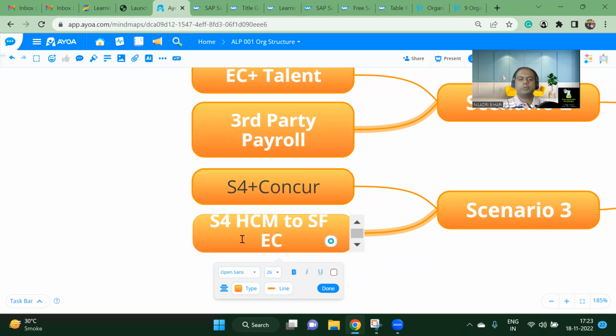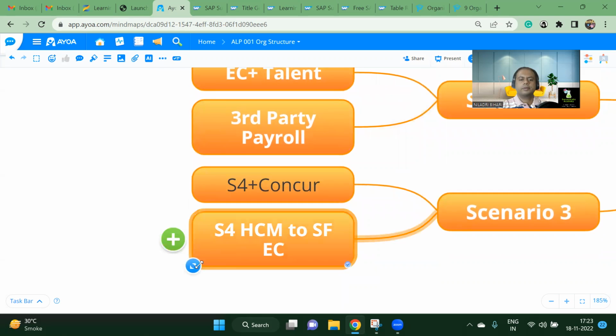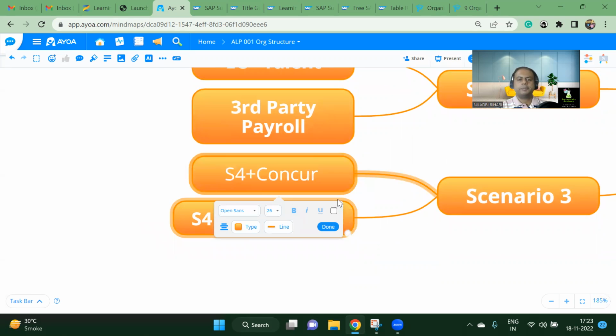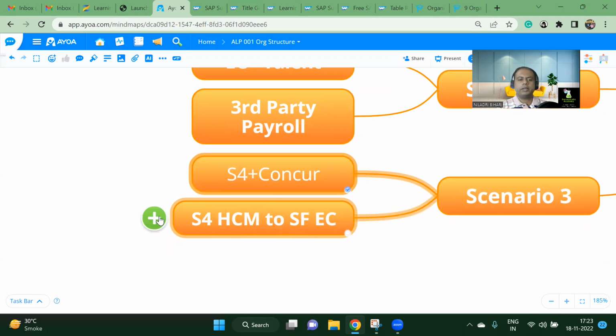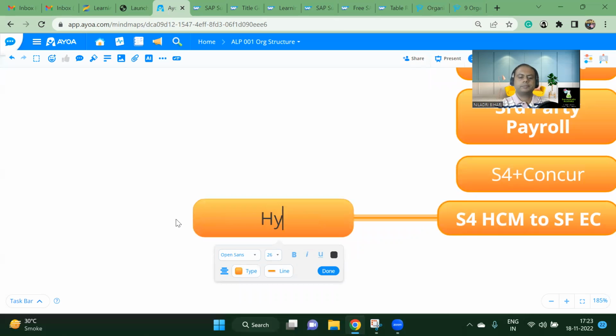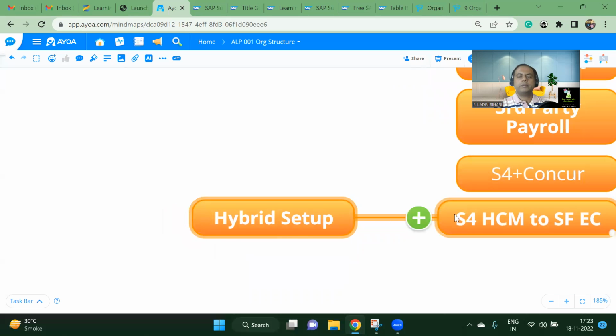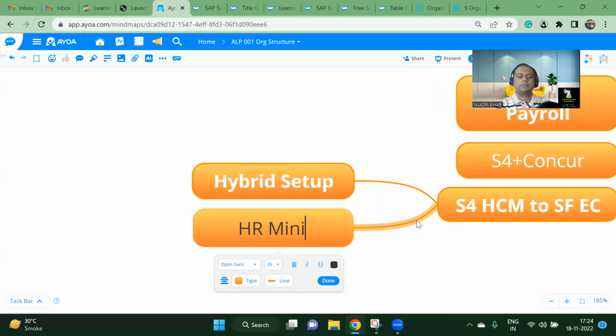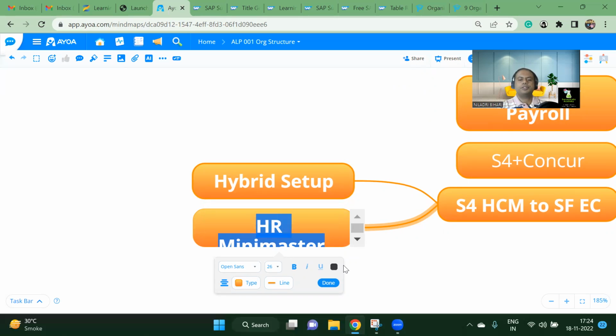This is also applicable for you. And if you're planning to integrate with S4 in a hybrid setup, and you require the HR mini master to be replicated, then definitely HR mini master will be coming into the picture. So you have to think about it. This is a requirement here, HR mini master.